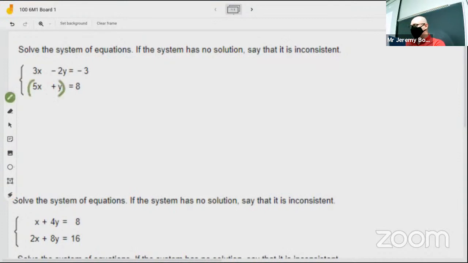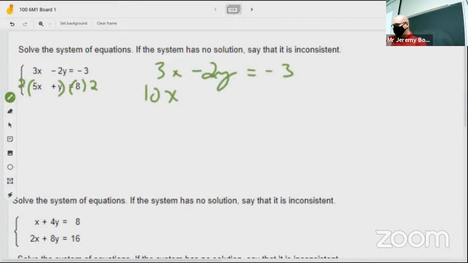Let's multiply this bottom one by 2. And so we'll end up with 3x minus 2y is equal to -3. And then our bottom equation is going to be 10x plus 2y is equal to 16.